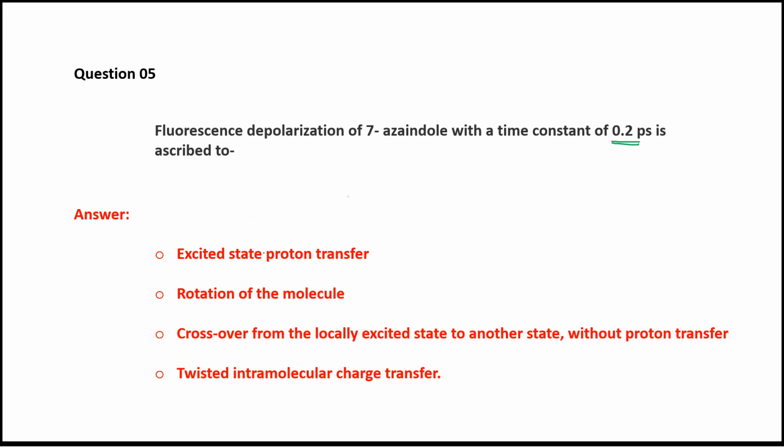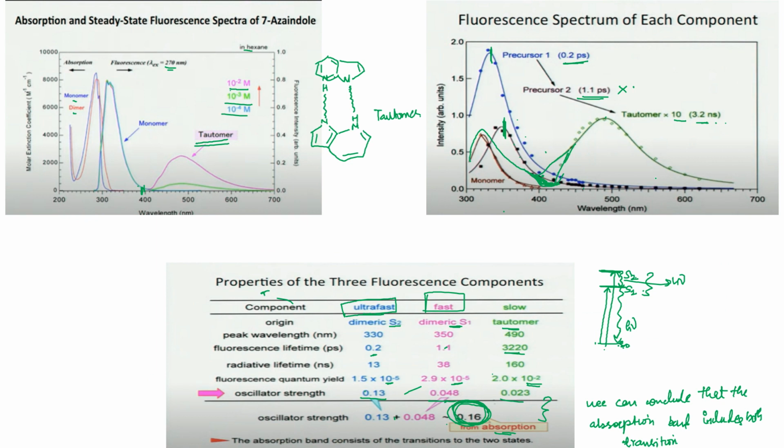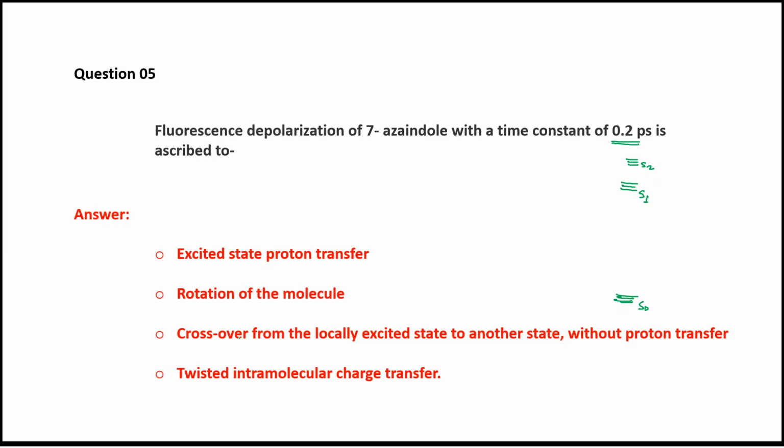As I told you, this whole picture of 7-aza-indole is somewhat simpler, a different case from the earlier cases, where there is no third state involved. There are two states, S1 and S2. Other than this S1 and S2, there is one more term given, that is the dimeric S2 and dimeric S1 state. Okay.